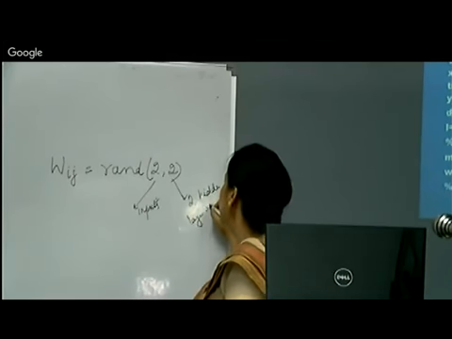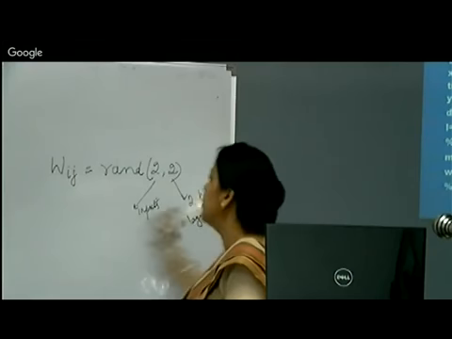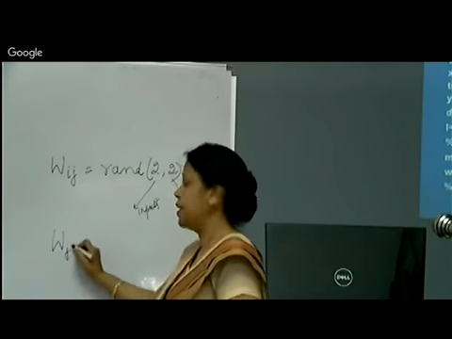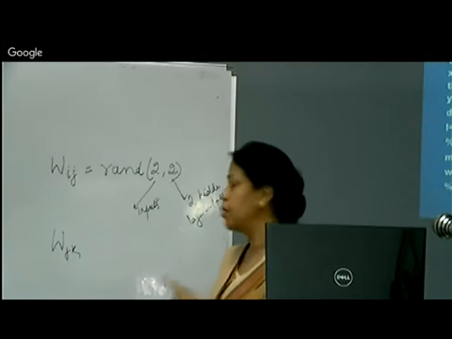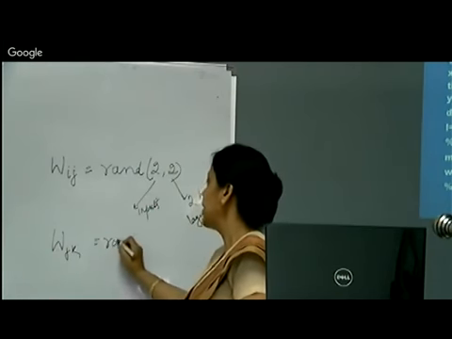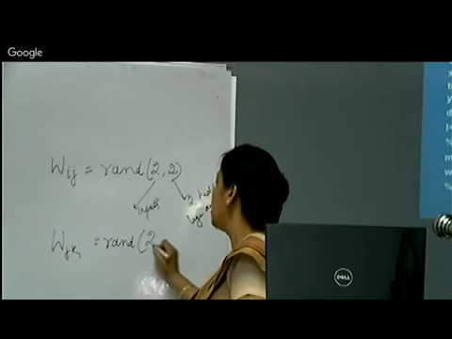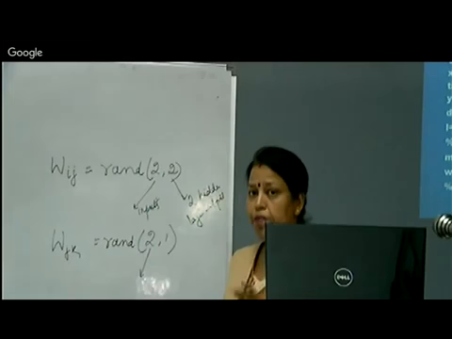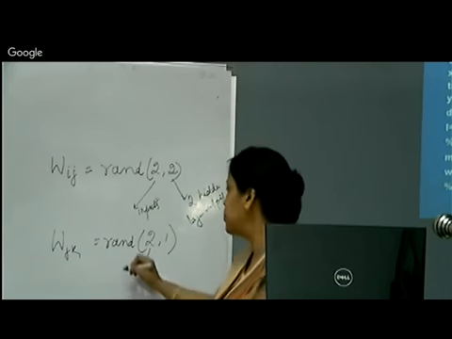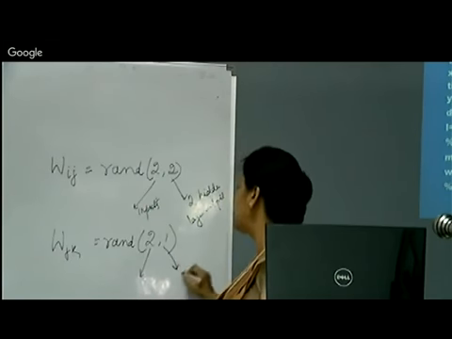So that's why we are giving 2 comma 2. But in case of wjk, for the hidden layer and the output layer, we are giving the random function as 2 comma 1. That means the hidden layer output is 2, so in the output layer the input will be 2 and the output will be only 1.